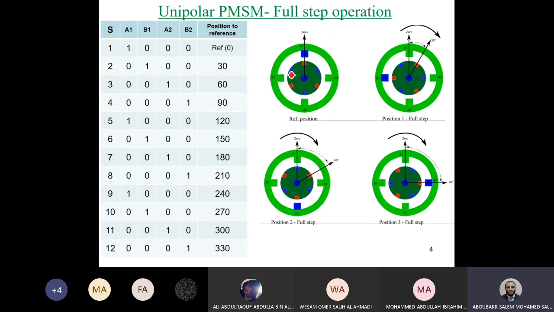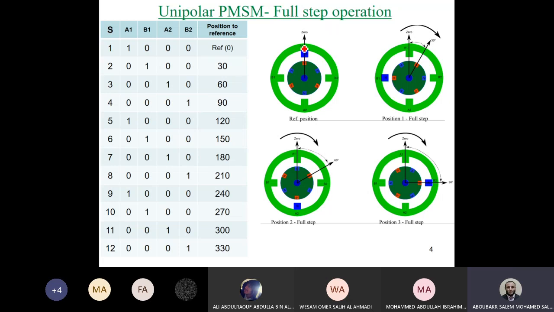So now we are going to disconnect this pole, de-energize this half, so there will not be any polarity here. And we will supply B1 in order to have N at this portion. So it's expected that this pole with N polarity will attract this S. It's the same configuration as what we have described before.